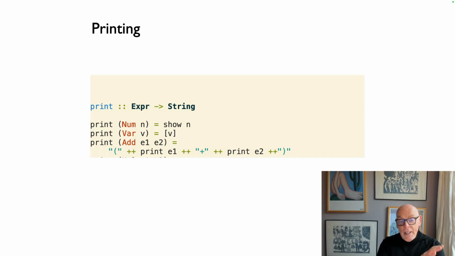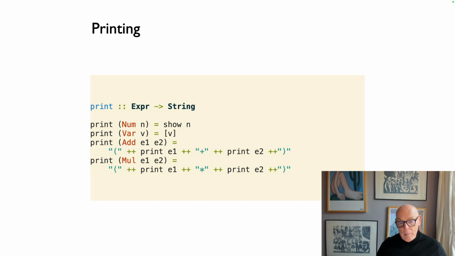So we can see, and this is how recursion works, we define the print of an add with 2 sub-expressions, assuming we've got the function defined on the sub-expressions. And in exactly the same way, we can print a multiplication. So that gives us our recursive definition. I could have written another template for this, but I don't think I need to write a template for you to see how these recursions will turn out.